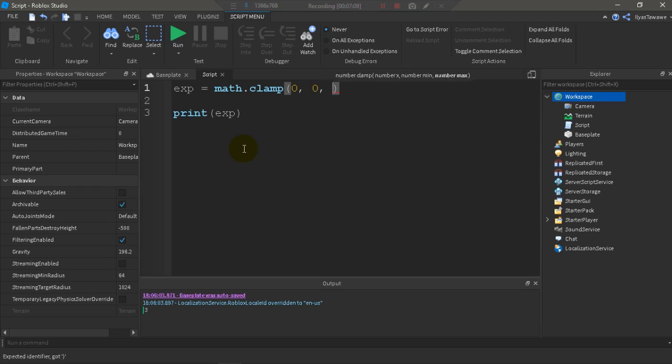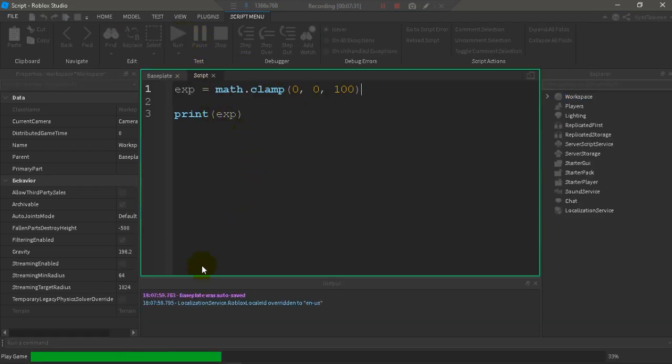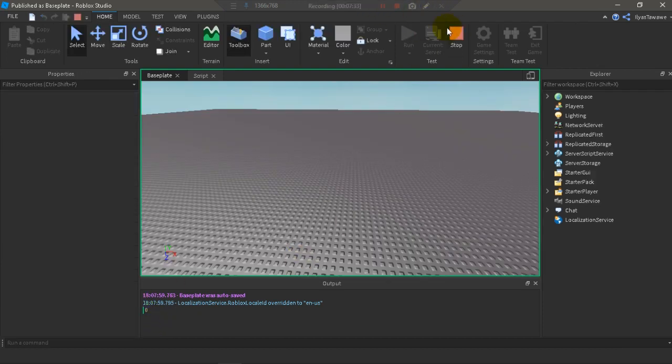It's always gonna be positive or zero because we set the minimum to 0, and the maximum, for example, let's set it to 100. Here we gave it 0, so it's not out of the range of 0 and 100, so it should be returned as it is. As you see, 0. Cool.